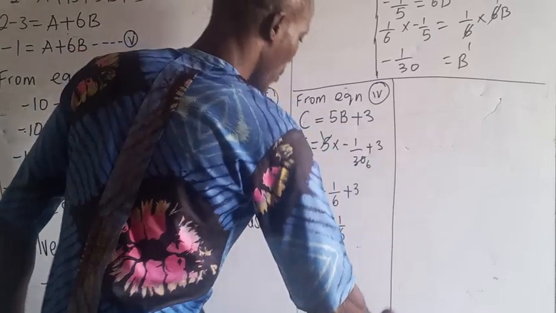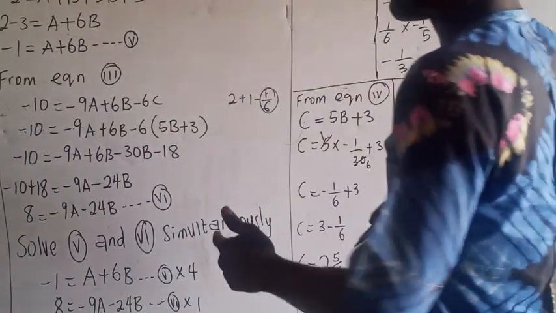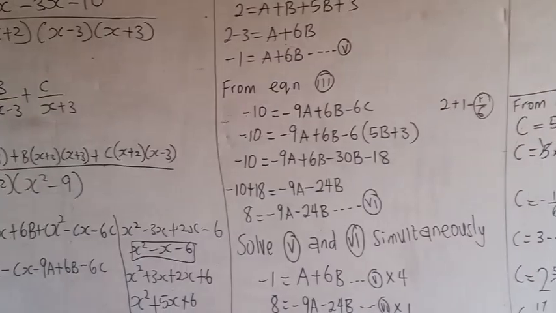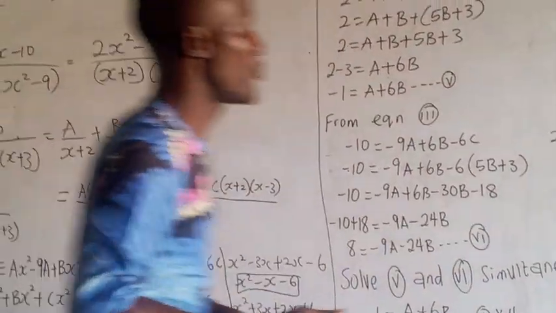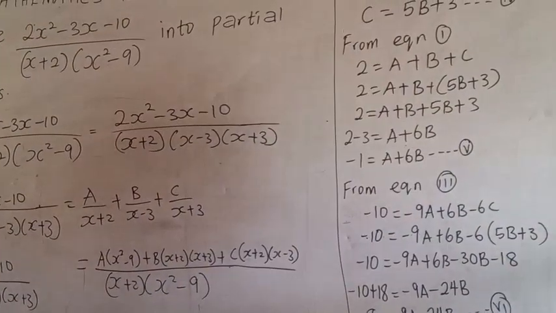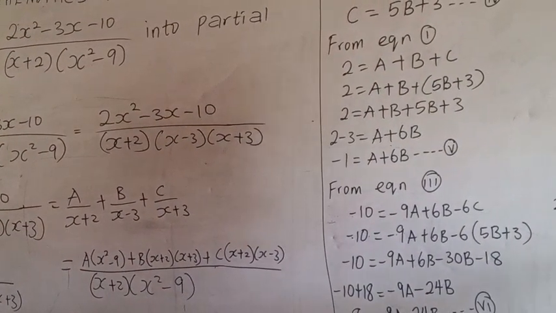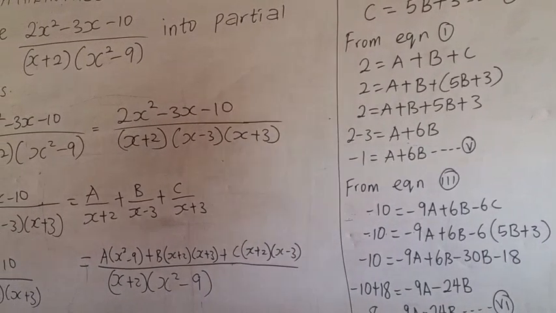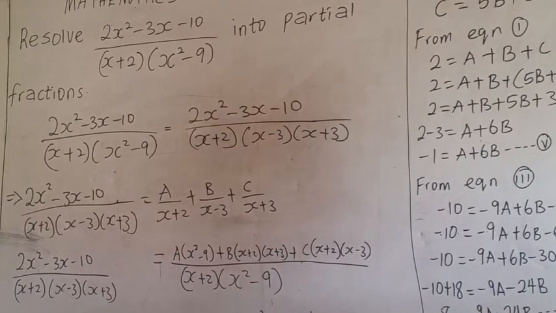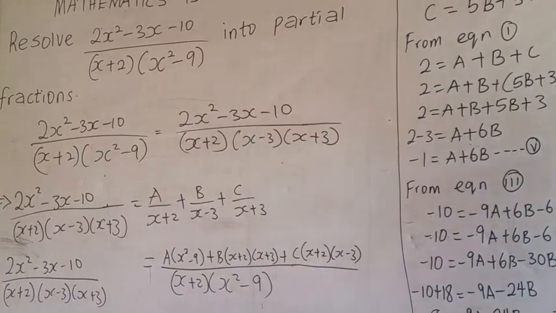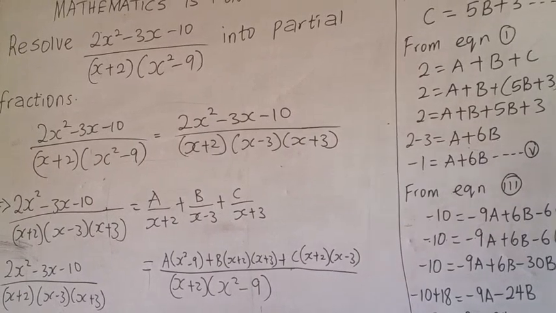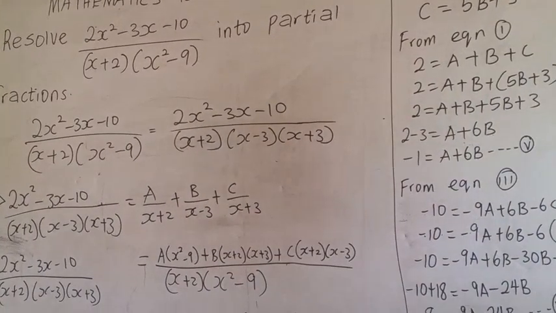Therefore, our compound fraction, which is 2x squared minus 3x, that's this very problem, we bring it down to the front. We have it as 2x squared minus 3x minus 10 divided by x plus 2 times x squared minus 9 equals, we have it as a over x plus 2.